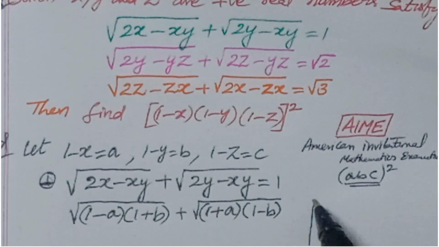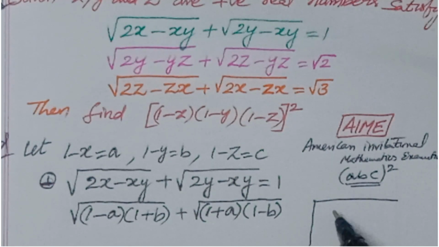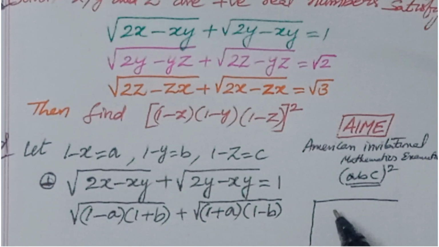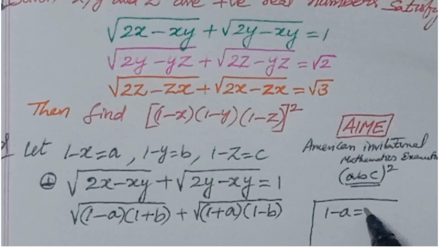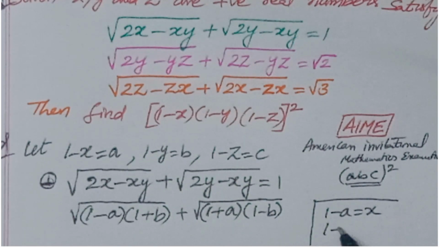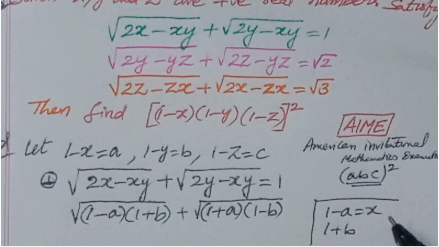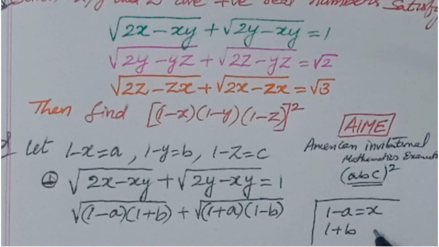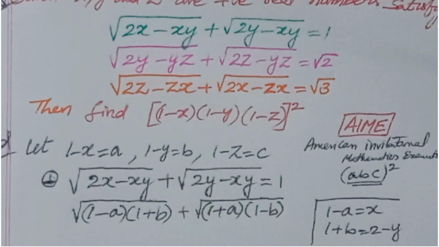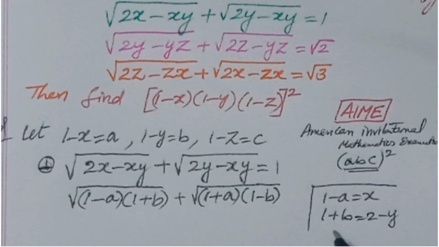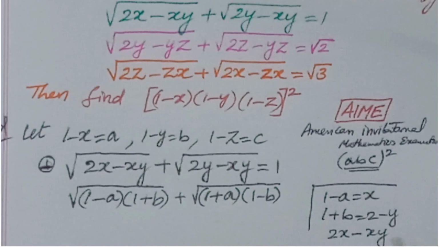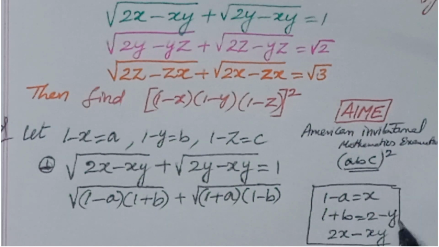Here, 1 minus a is equal to x, and 1 plus b is equal to 2 minus y. If you multiply both of these, you will get 2x minus xy. So like this you have done the adjustment.